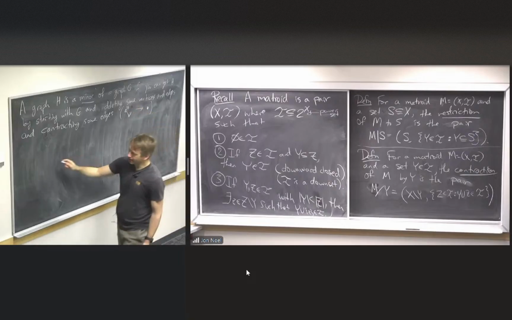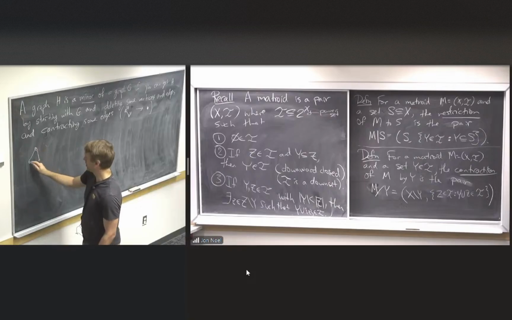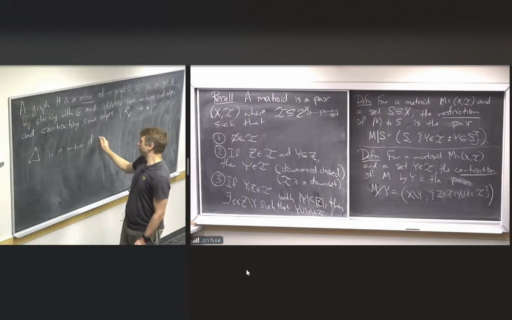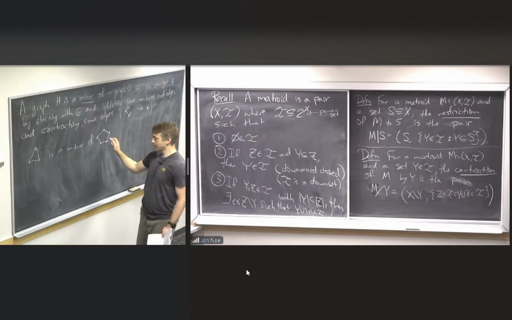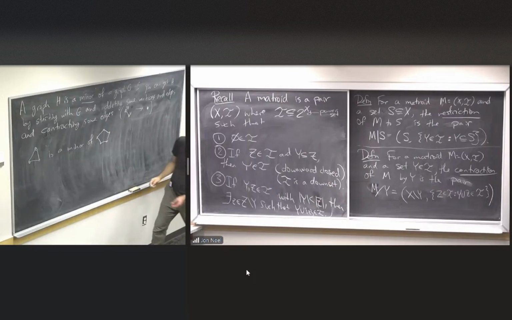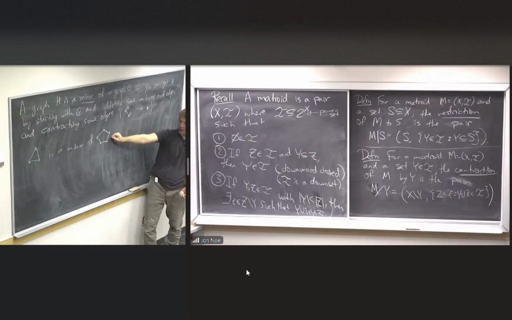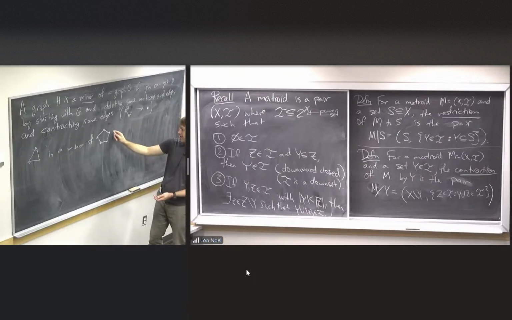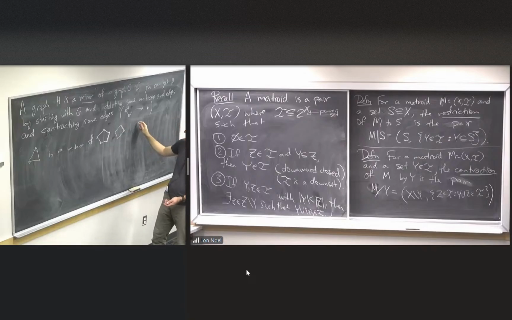So the triangle, for example, is a minor of the 5 cycle. Because if I contract this edge, I get a 4 cycle, contract that edge, I get a triangle.